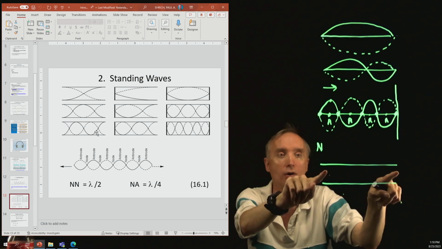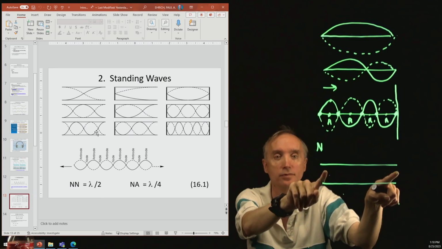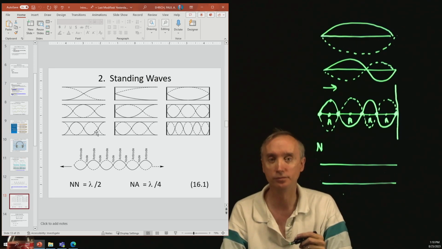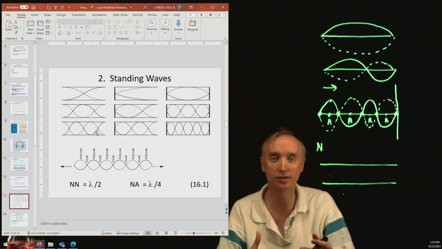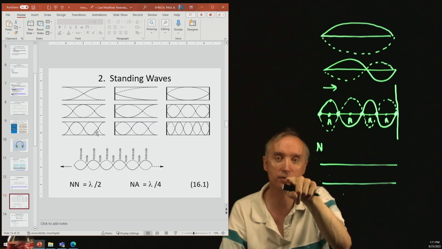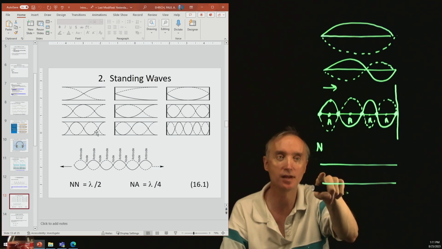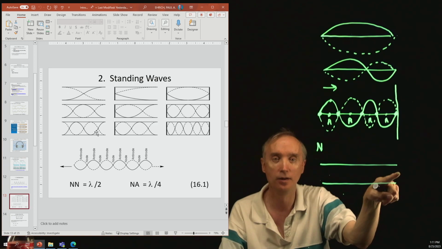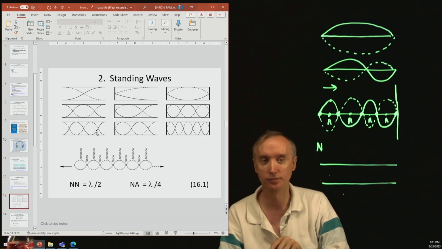What about if it's open on both ends? If it's open, then those are going to be antinodes, because that's where it's going to be at its maximum. And you can see the different kinds of standing waves that could be set up in a straw. And then what about in the middle?